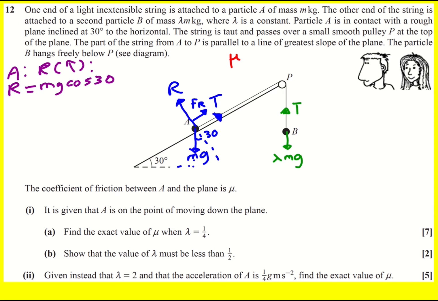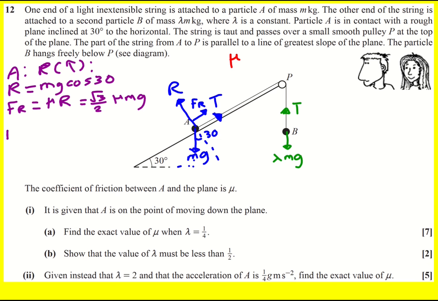Now, the frictional force is always less than or equal to mu R, but in this case, because it's about to move, it's actually equal to mu R. So it's going to equal, cos 30 is root 3 over 2, so it's going to equal root 3 over 2 times mu mg.